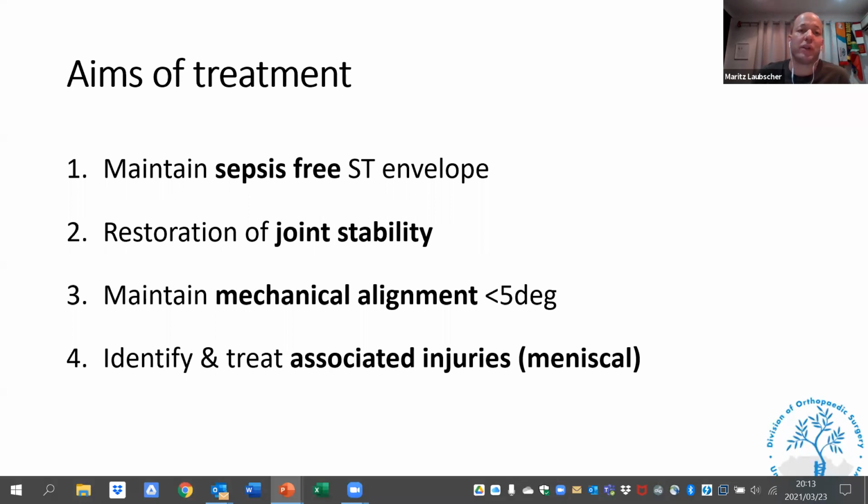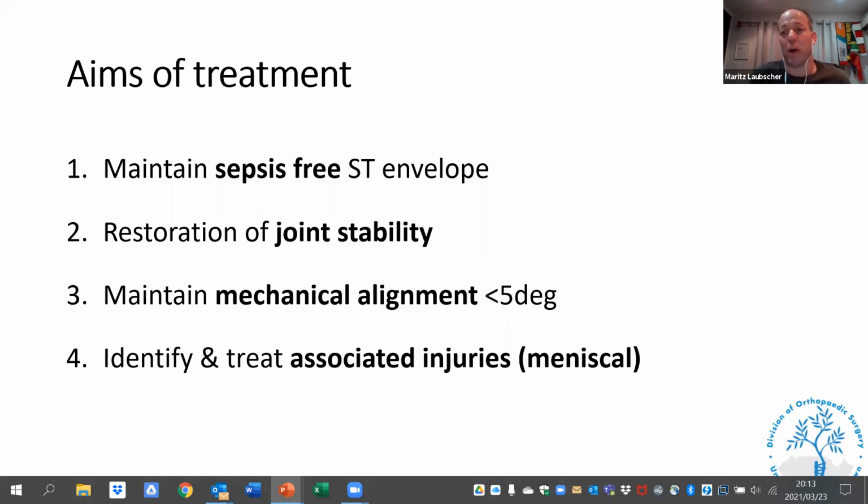So what are the aims of treatment? Well, the first aim of treatment is to maintain a sepsis-free soft tissue envelope around the knee, to restore joint stability. And here we're not talking about necessarily reconstructing ligamentous or soft tissue injuries, but restoring joint stability by restoring the rim, the articular rim.